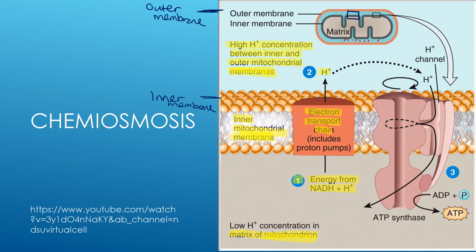Now, this mechanism of pumping hydrogen ions into the space between the membranes is completed by proton pumps, because hydrogen ions essentially consist of a single proton. Because we're constantly pumping these protons out into the space between the outer and inner membrane, we get a high concentration of hydrogen accumulating between the inner and outer mitochondrial membranes.